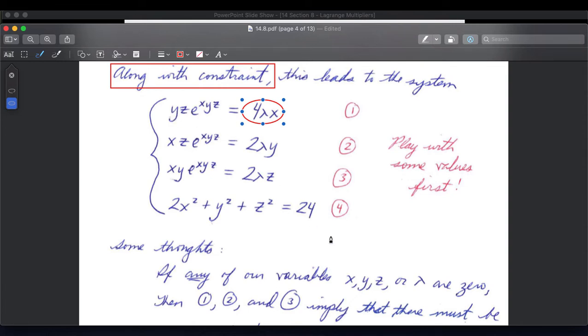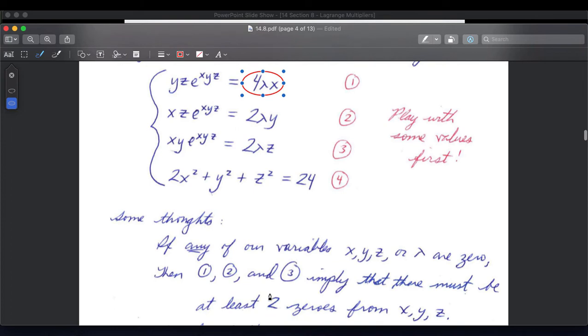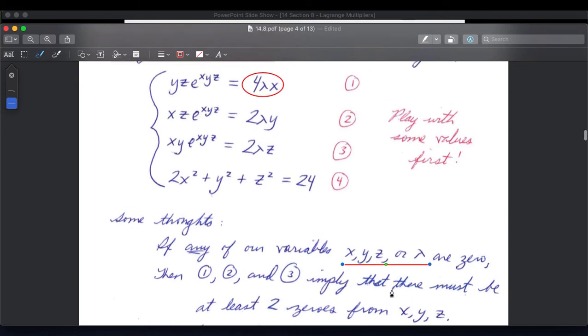So if x equals 0, then at least y or z also equals 0. So if any one of these variables, x, y, z, or lambda, equals 0, then that implies that at least two of x, y, and z are 0.